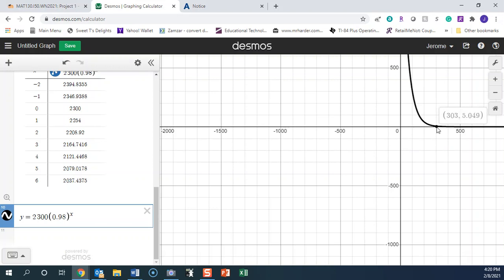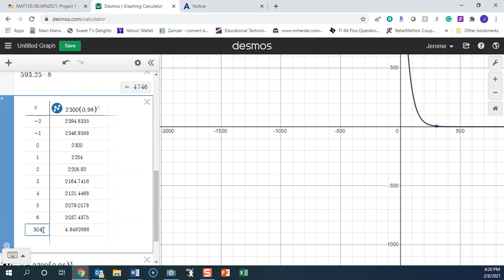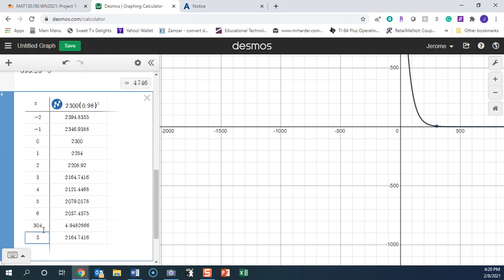So you see here at about, let me see, 304 is 494.48. So we could toy around with this. We could type in 304, 303. And if you notice here, this is over $5. So it'll be 304.